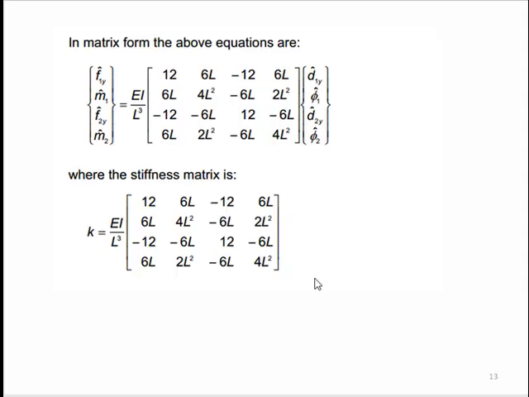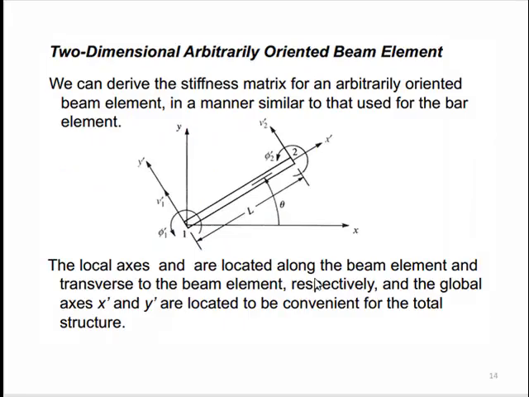So we have to derive the element stiffness matrix for an element in arbitrary orientation. We can derive the stiffness matrix for an arbitrarily oriented beam element in a manner similar to that used for the bar element.